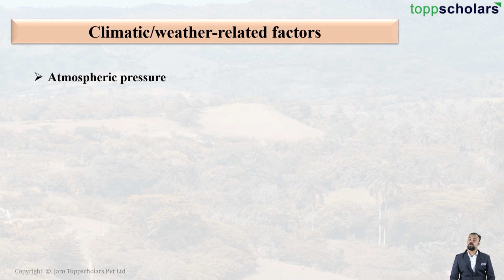It also goes on increasing as the altitude decreases. That is the reason students, when you go to a hilly area, the atmospheric pressure is less and therefore the amount of oxygen is also less in the environment. This influences the type of climate and weather in that particular region.